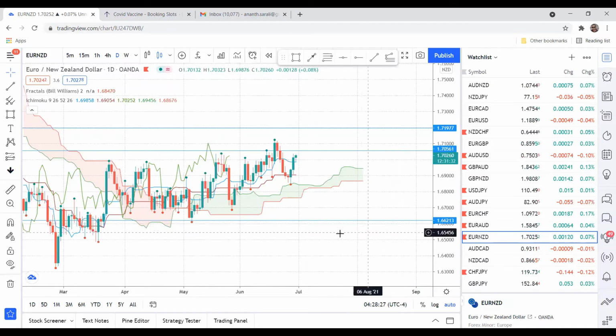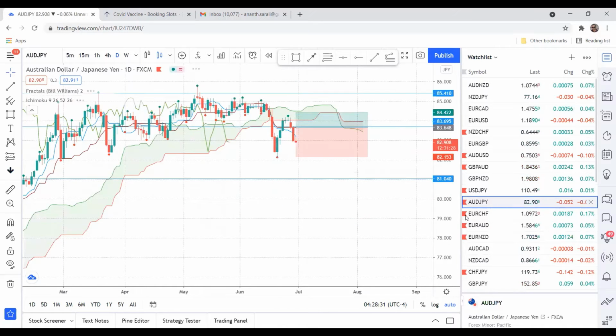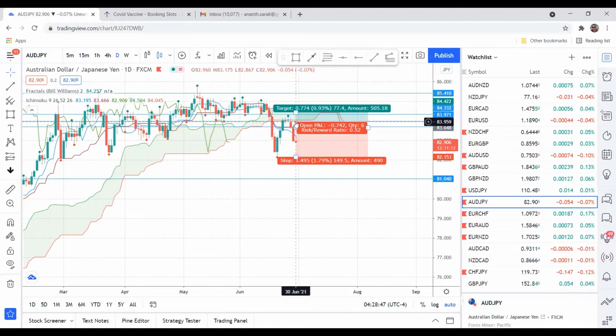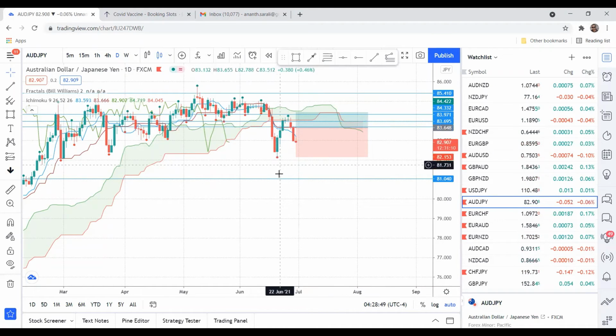If you see, I've taken another trade in OCN. So here is a second trade. Here, if you see, the price bounced from the cloud, but I didn't take this trade from here. The reason is I wanted the price to be below Kijun-sen, so that confirms the trend.